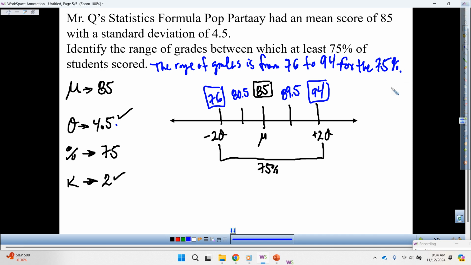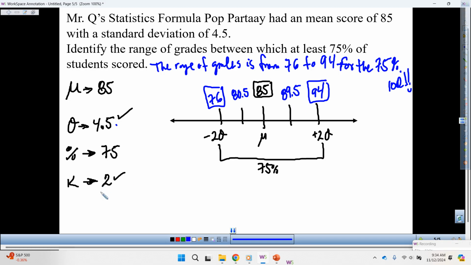All right? Thank you. So let me go through the process one more time, just to make sure we got it. They're asking us for a range of data. They give us a percent. They give us the standard deviation and the mean. What did we need to find? We needed all this data over here. How many data? 4. The mean, standard deviation, percent, and what K we're on. From there, we drew our line, started with our mean.